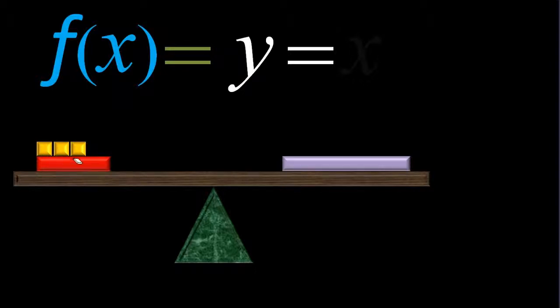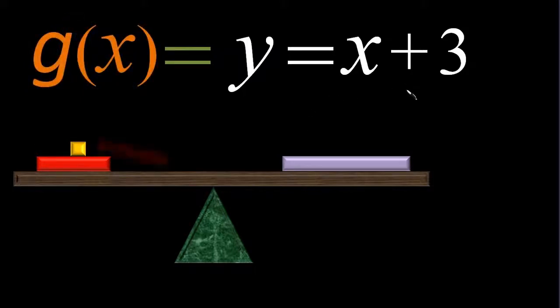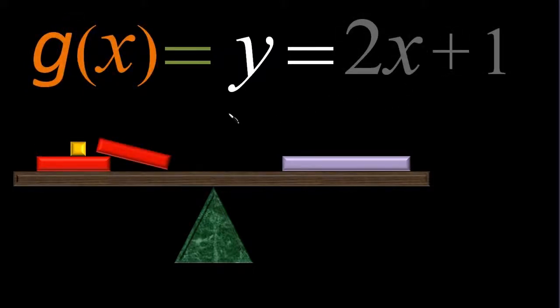So x plus 3, whatever value we put into this expression here, will come out as a new value of y. So y now is going to be 3 more than x. Okay, so y equals x plus 3. Now if we change the function, so change the notation to g of x, y seems to be exactly the same.